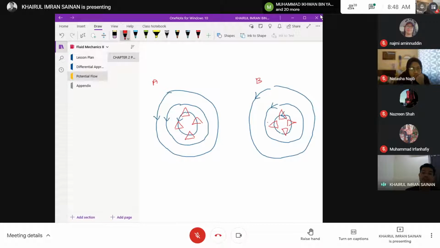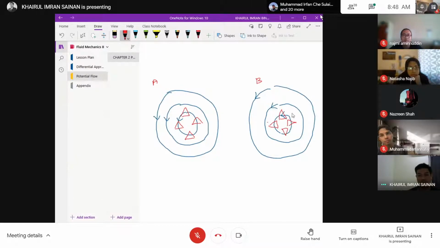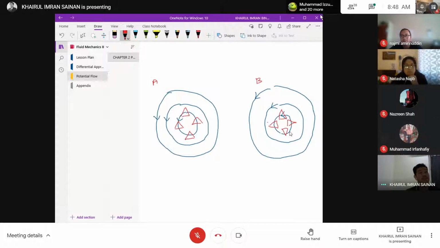Take a look at the element. The first thing I want you to realize is that both path lines rotate counterclockwise. But to categorize whether the flow is rotational or irrotational, we don't observe the path line. What we see is what happens to the fluid element in the path line.